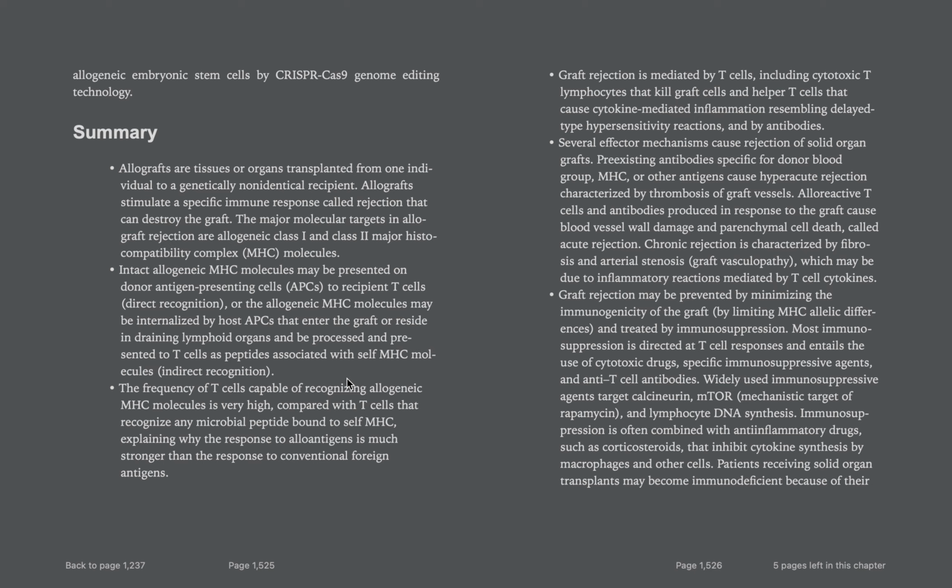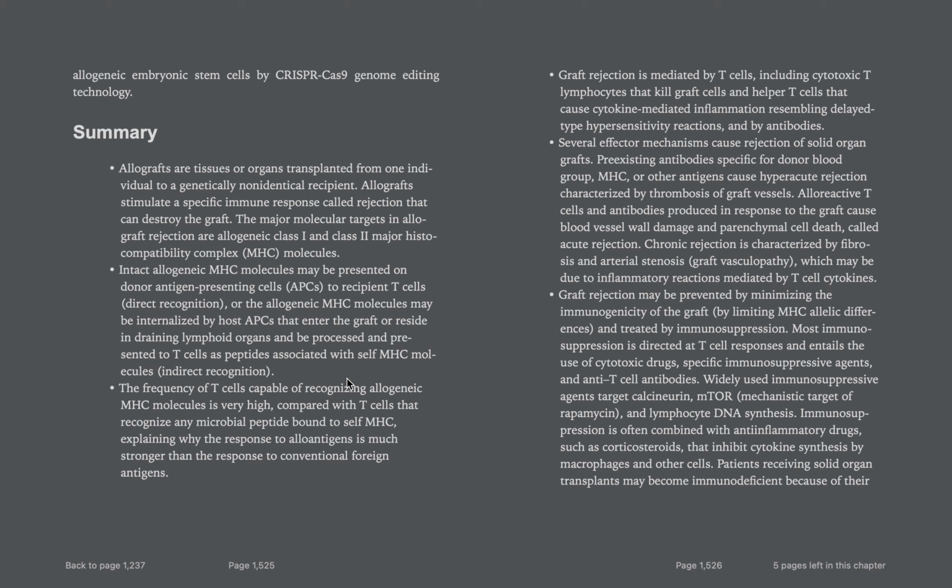The frequency of T cells capable of recognizing allogenic MHC molecules is very high compared with T cells that recognize any microbial peptide bound to self MHC, explaining why the response to alloantigen is much stronger than the response to conventional foreign antigen.